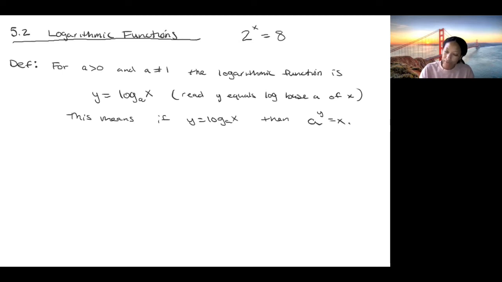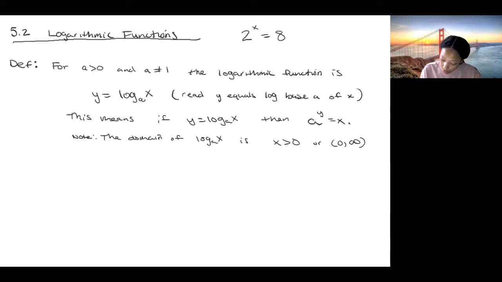A quick note about the domain, and then I'll do an example. The domain of a log function, log base a of x, is x has to be greater than 0, or in interval notation, 0 to infinity. All right, I have my little example at the top, 2 to the x equals 8.